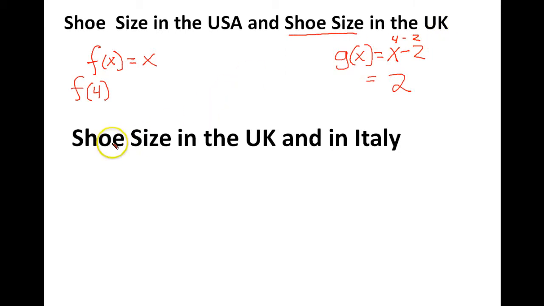Now, how about the relationship of the shoe size in the UK and in Italy? Well, if we're saying the shoe size in the UK has this machine, so to speak, and we'll go into that in a little while here, what would be the relationship in Italy?